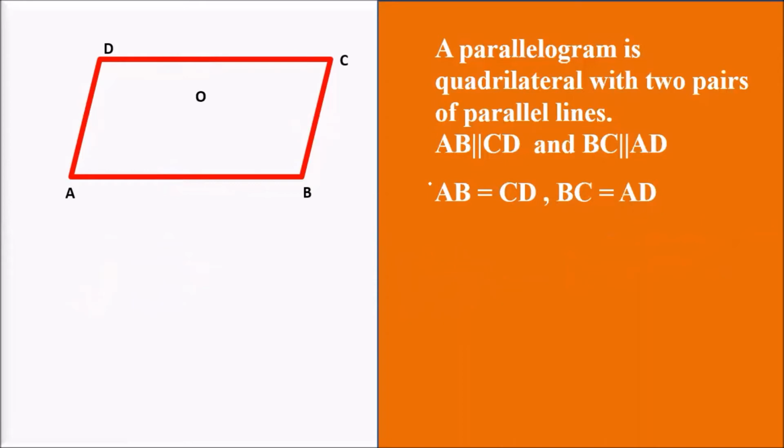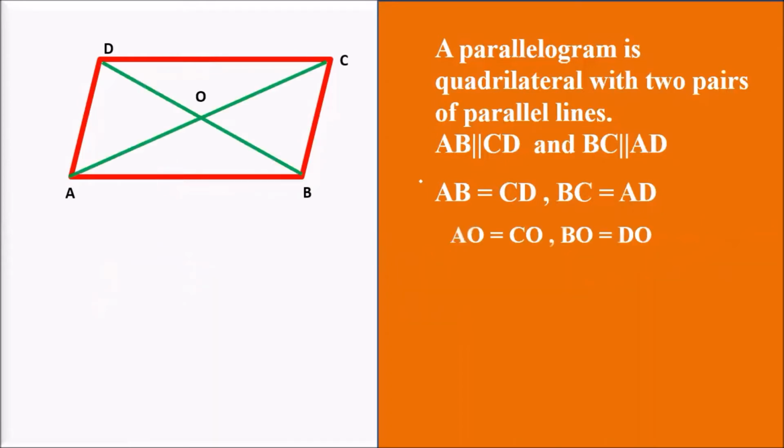Next, another interesting property is left. What is it? AO is equal to CO, BO is equal to DO. What does it mean? It means that diagonals of a parallelogram bisect each other.